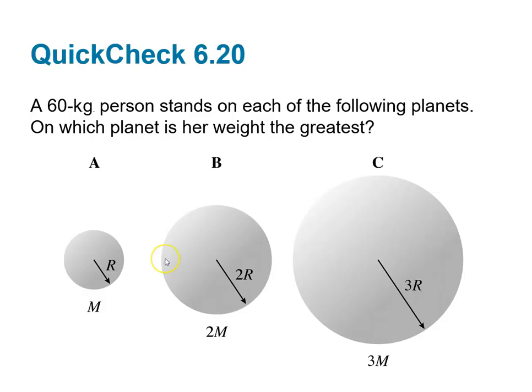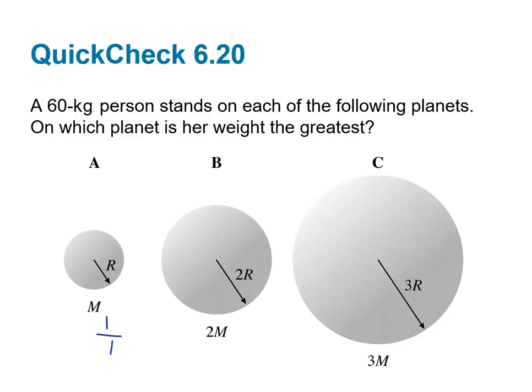In this example, we want to see if a person goes to each of these planets, on which planet is her weight going to be the greatest? So weight depends on the mass of the planet over the radius of the planet squared. That was the equation that we learned earlier. And so if we take the mass of the planet to be 1 and the radius to be 1, we're going to get a gravity of 1.